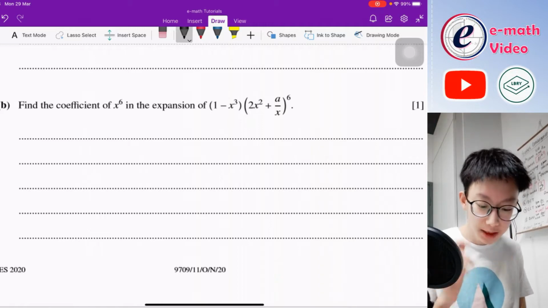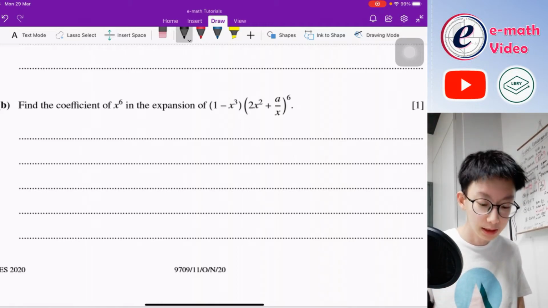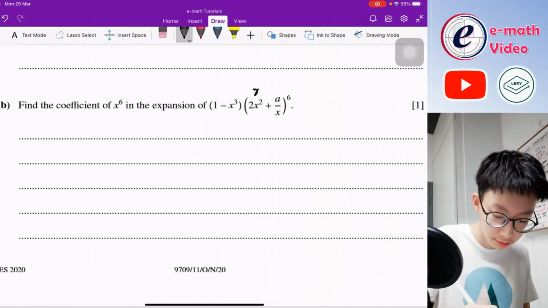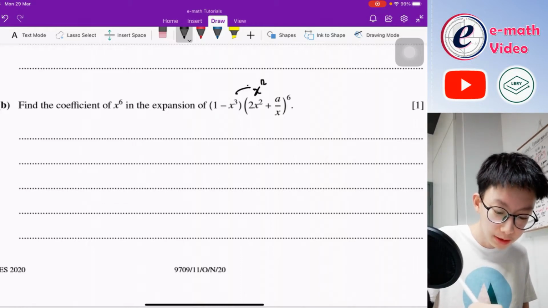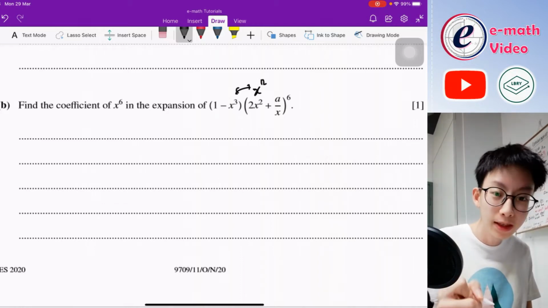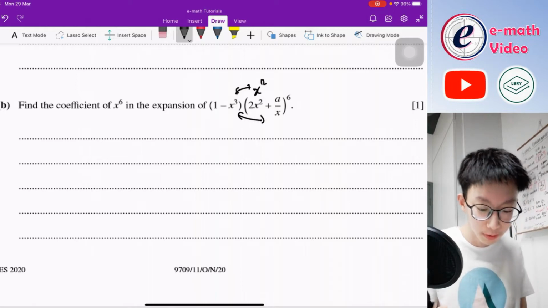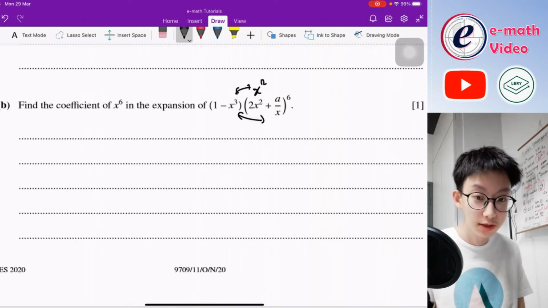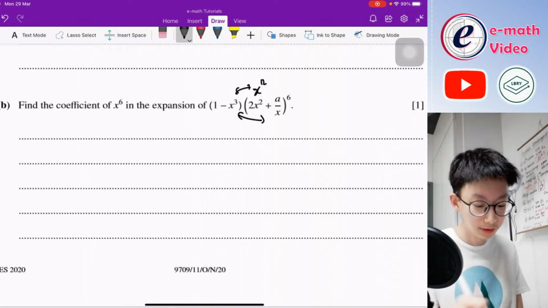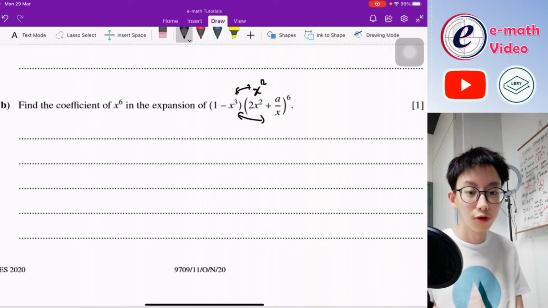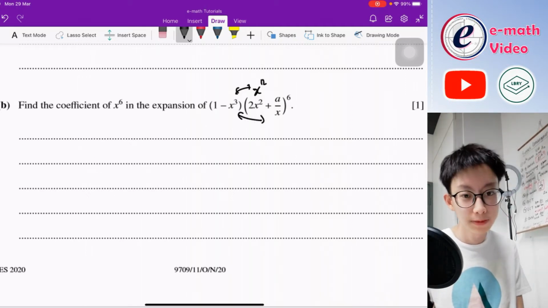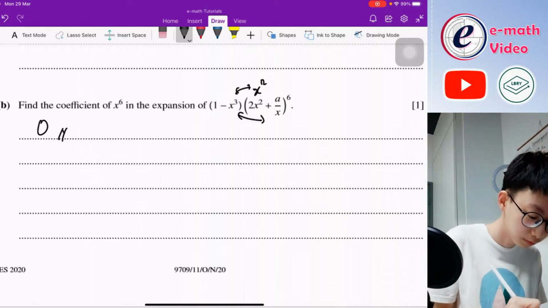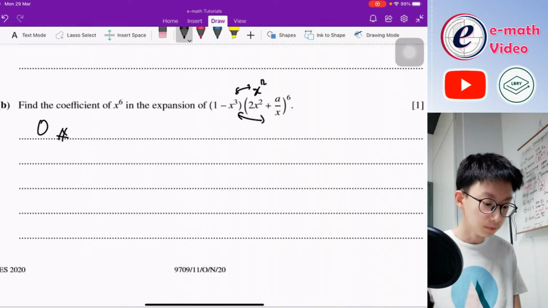Then the highest power in the second bracket is 2 times 6, which is x to the 12. So when you multiply them together, no matter which one you multiply, it's impossible to get x to the 6 for this expansion. So the coefficient of x to the 6 will just be 0. Yeah, that's it.